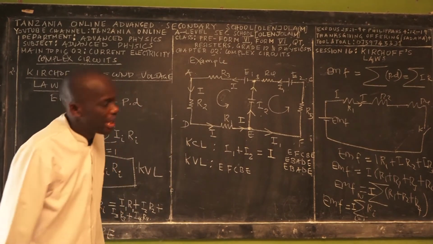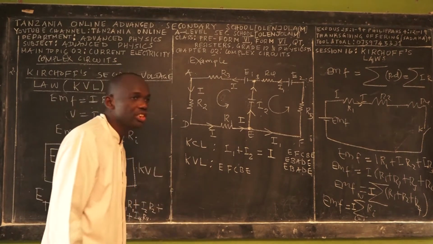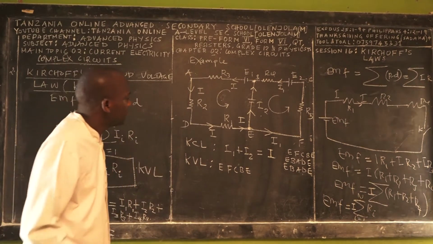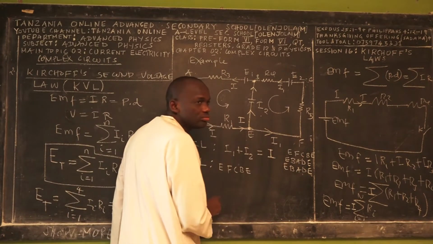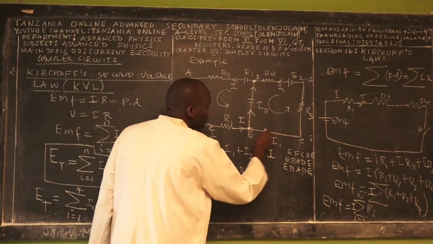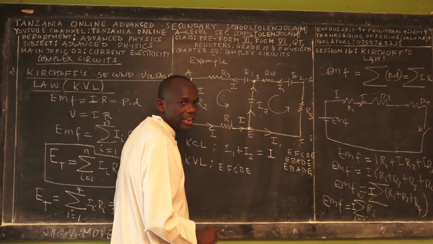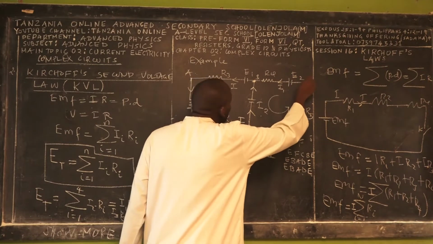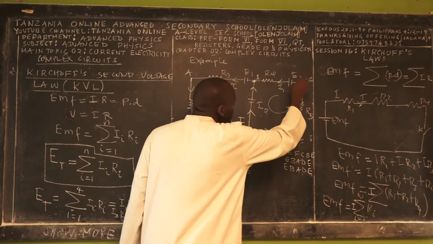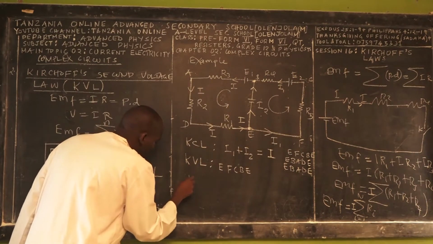I want to write the Kirchhoff voltage law equation. So I start from here. Do I have any dry cell? No. So I don't have an electromotive force between E and F. Do I have any dry cell here? No. Do I have any dry cell between this and this? Yes. It's called E2. So I start here by writing E2.